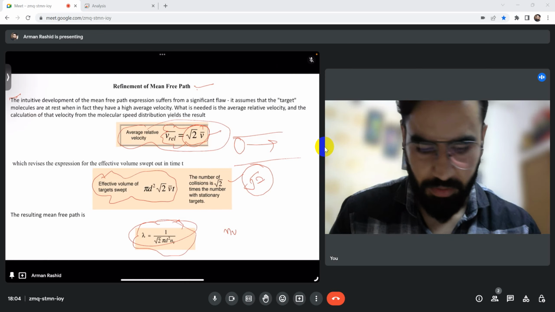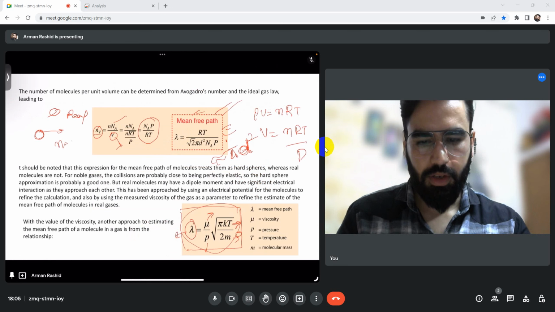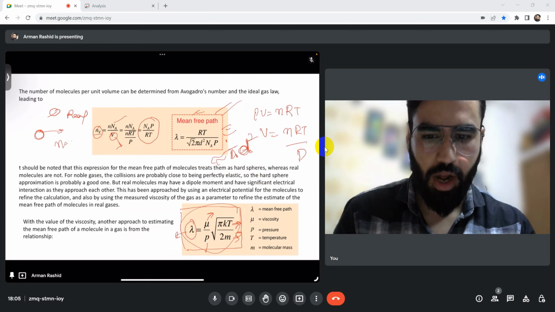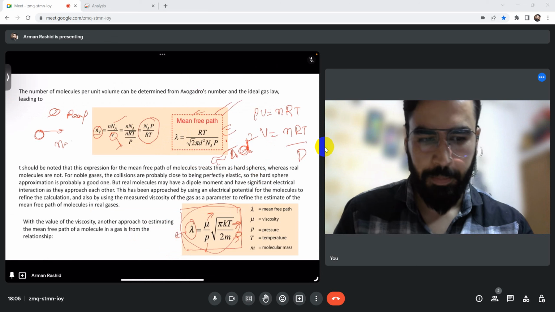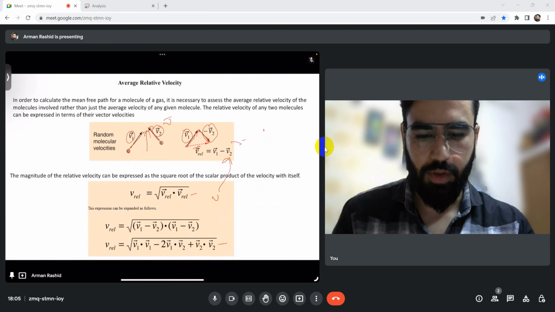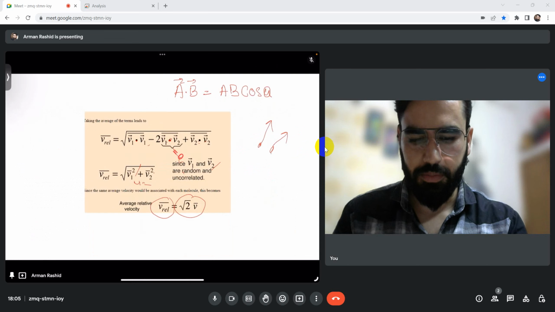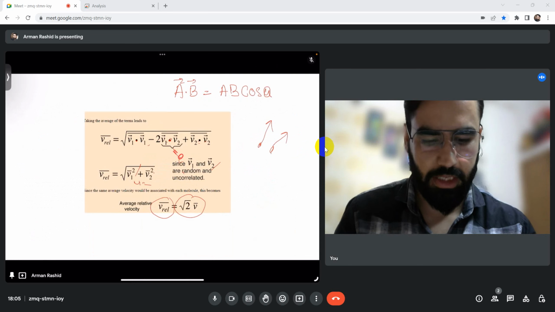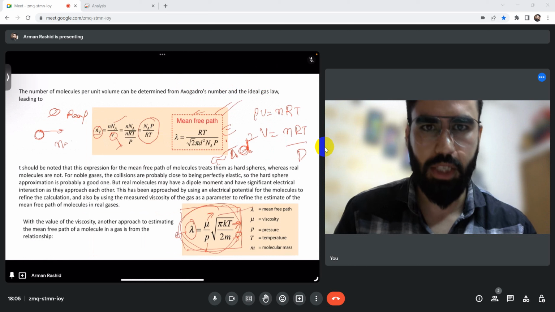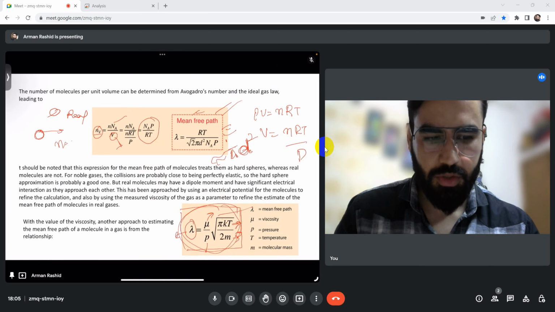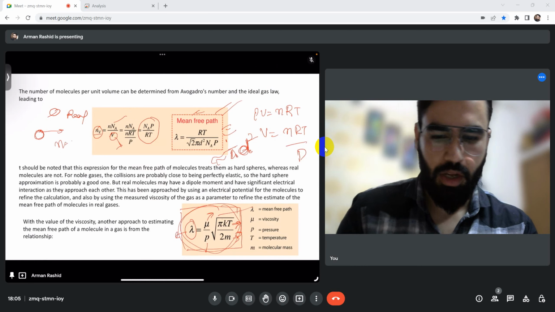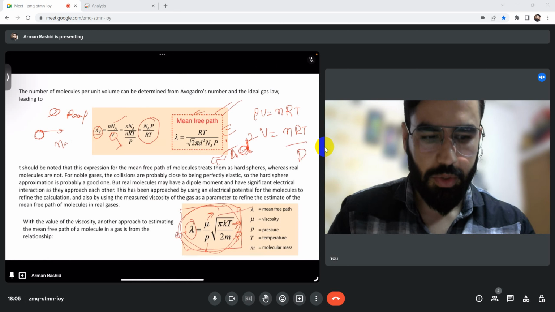I showed how we can change the average mean free path to the relative velocity, and from that we got some expressions, which I discussed in the previous lectures, whose links as well as these PPTs are available on YouTube and Google Drive.